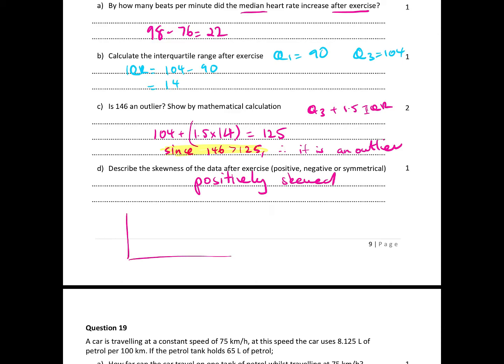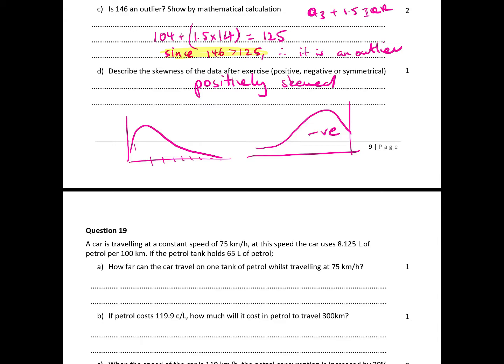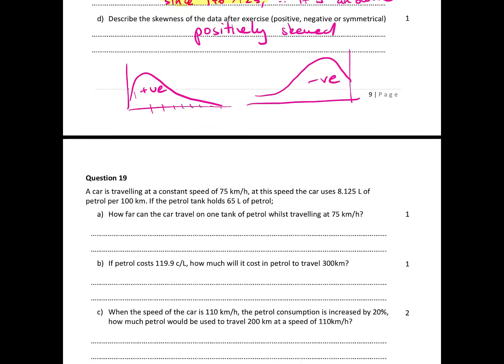If you had more terms to the left than you do as you go along, so if your terms are more heavy in the lower end, then it is positively skewed. If it's something like this, then it is negatively skewed. So this one is for negative skewness, this one positively skewed.